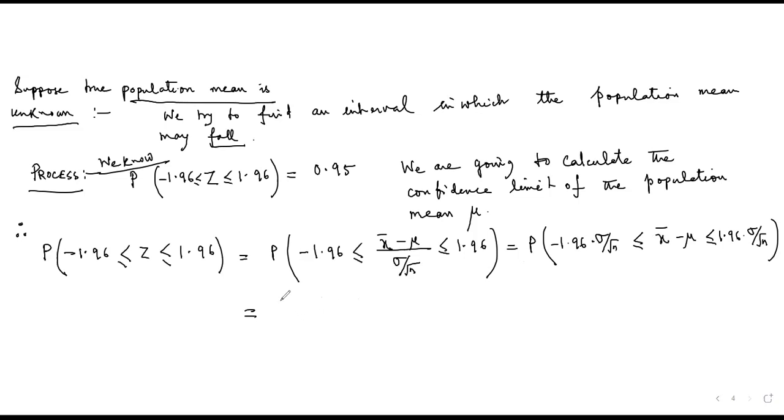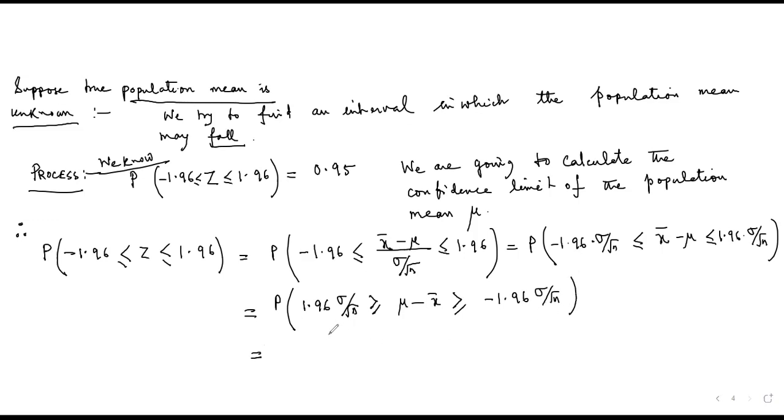If I multiply all the sides by -1, the inequality will change its direction. You get mu minus x bar in between, greater than or equal to minus 1.96 sigma by root n.